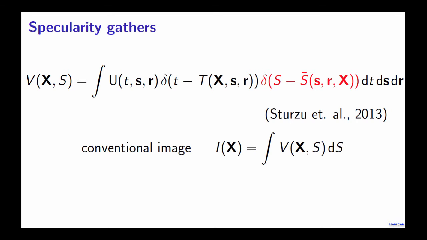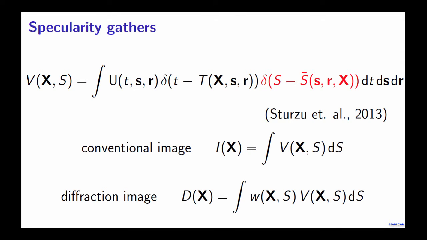But if we build weights such that they remove the contribution of specular energy, which mainly comes from reflection, then we stack over this specularity gathers, we get our diffraction image essentially. So let me repeat it again. If we apply a weight function such that it removes the energy from specular reflections and then stack over the specularity axis, we get the diffraction image back.